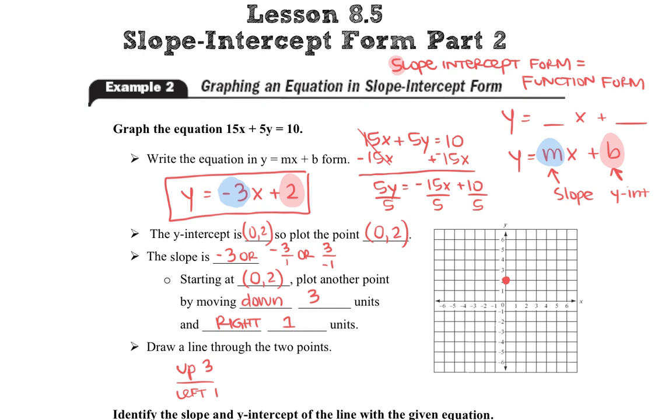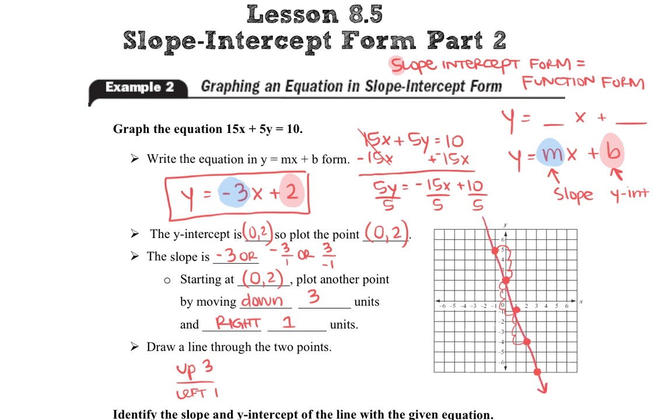So if I move down 1, 2, 3 and right 1, I can do that multiple times. Remember, it doesn't really matter how many points you do, as long as you have enough to make your line. I always like to make several to make sure my line's in the right spot. Or I can go up 1, 2, 3, but then I have to go left 1, and you'll notice that that's on the same line.